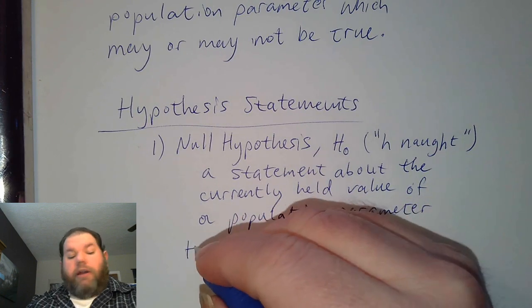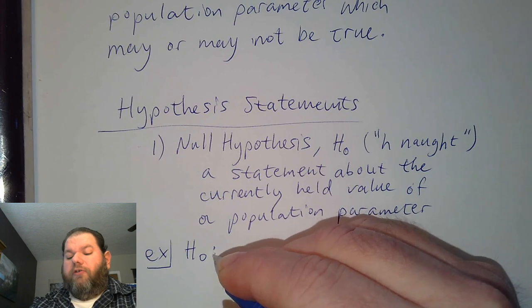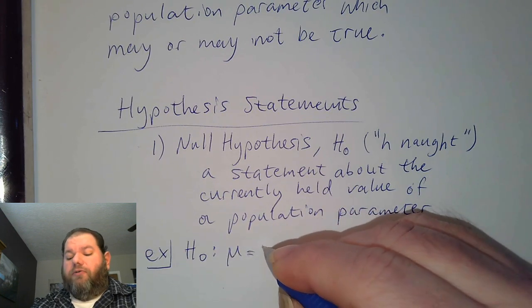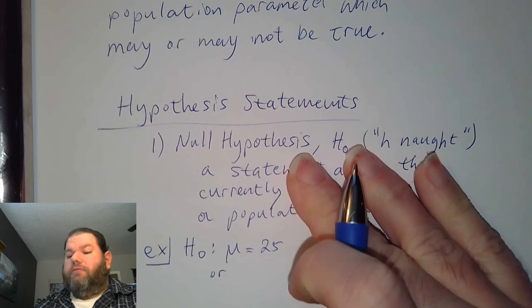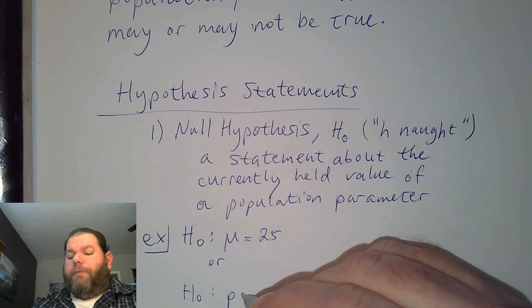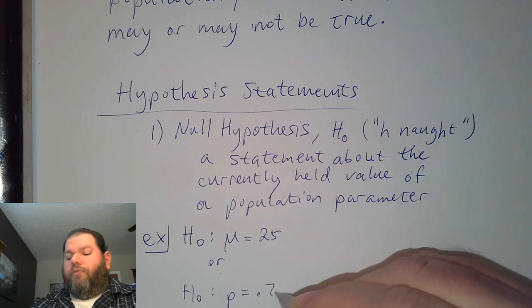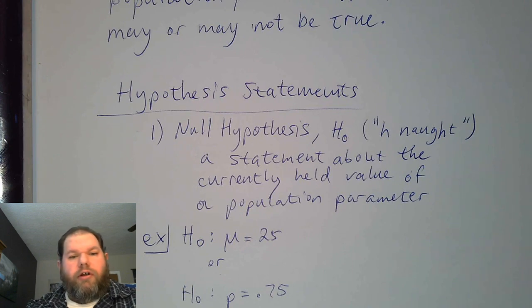And for H naught, our statement might be mu is equal to 25. Or we might say our proportion P is equal to 0.75. Just some statement about what is previously known to be true based on years of research or data collection, etc.